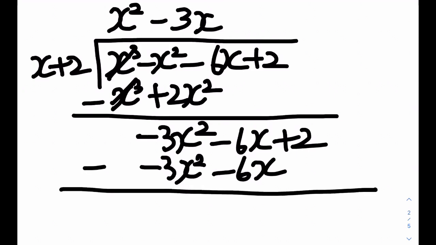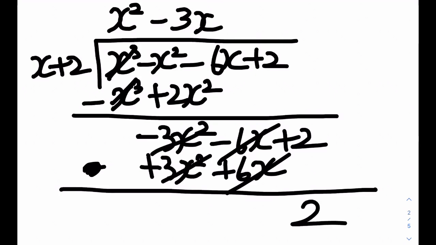If we do that, it becomes a positive, so these two will cancel out. These two will also cancel out, and we will just be left with 2. We cannot cancel out 2 any further because we have an x here. So our answer will be x to the power of 2 minus 3x, and our remainder will be 2.